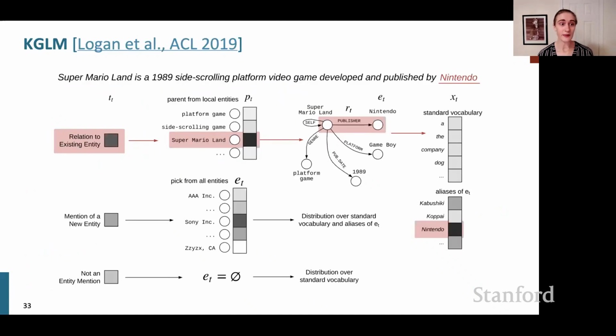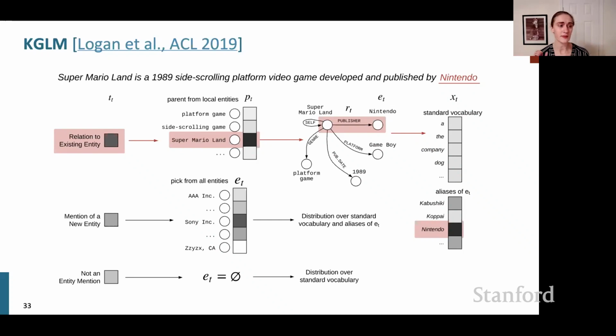So here's a diagram from their paper that hopefully summarizes and makes even clearer what I just went over. So they have a longer example than the one we are looking at, but it's the same prediction as Nintendo is the next word. And they have their predictions in red. So this is what they want KGLM to predict. The three different cases are in the horizontals. And we see that here you're in the related entity case, since Nintendo is in your local knowledge graph.